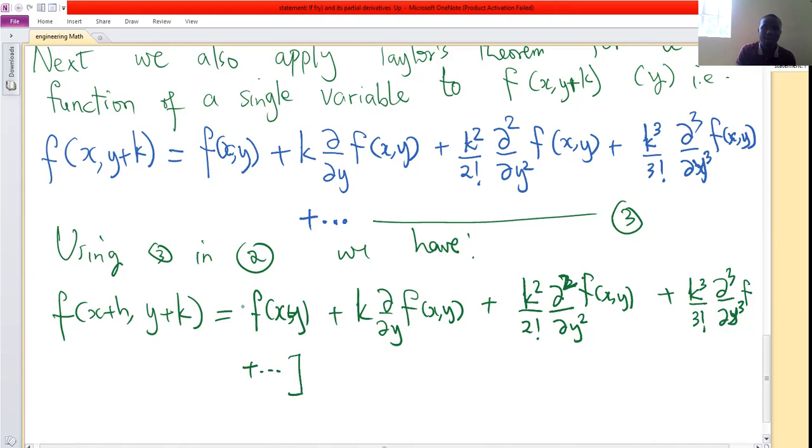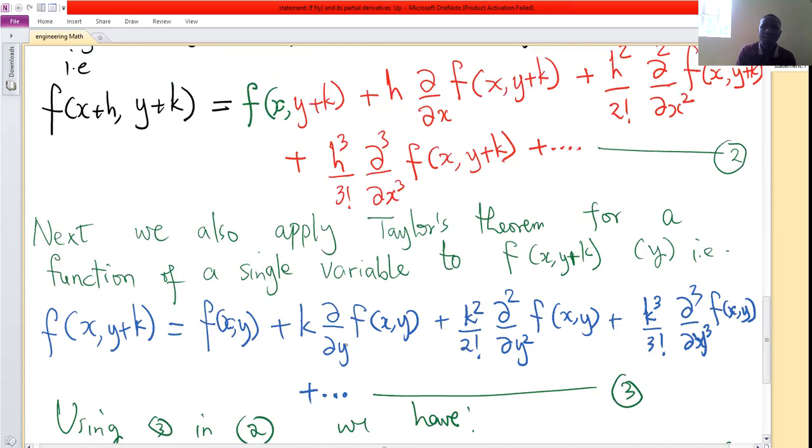Then I close that bracket. Our next term in 2 is k, then partial is h partial x of the same function.